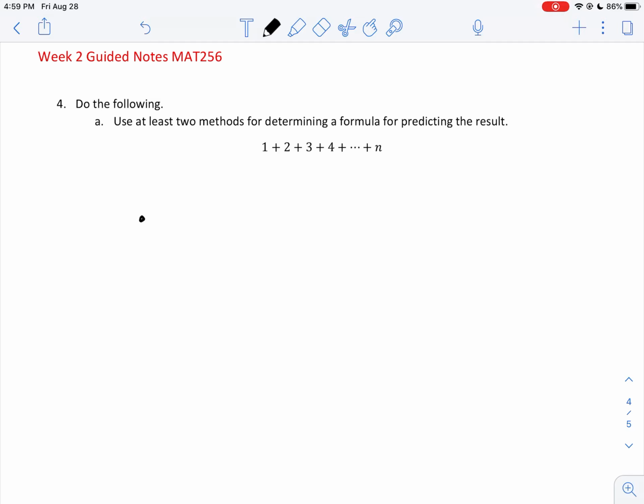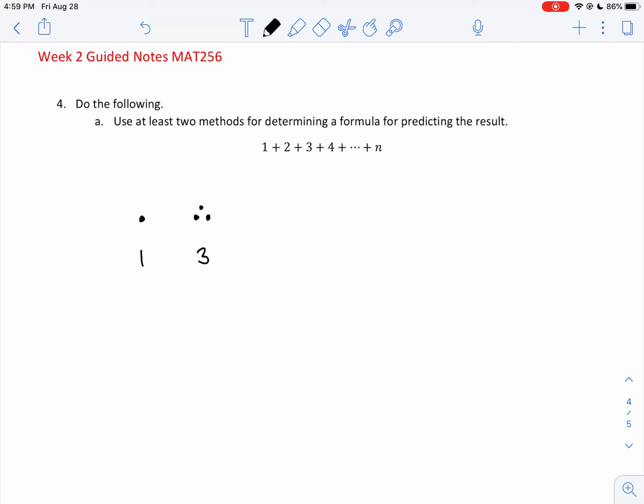Let's say we have a single 1 all by itself. There'd be 1 dot. Now we're going to make a triangle of numbers. Notice how this represents 1 plus 2, and there are 3 dots.